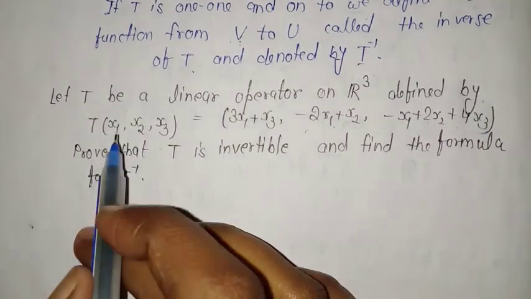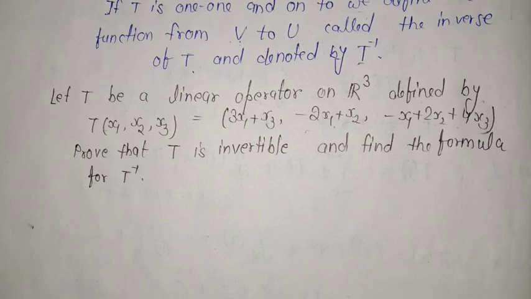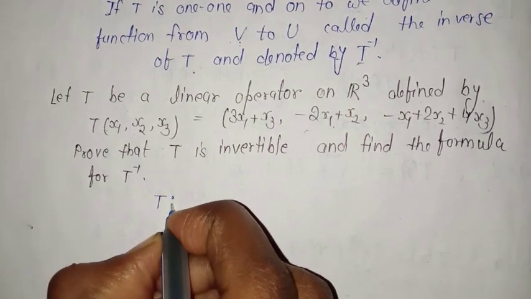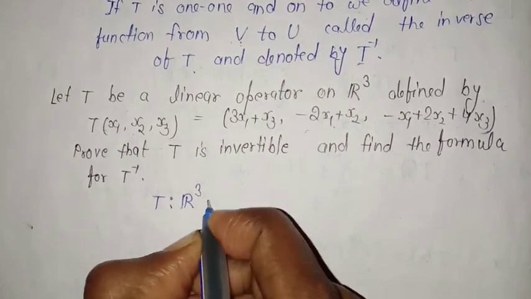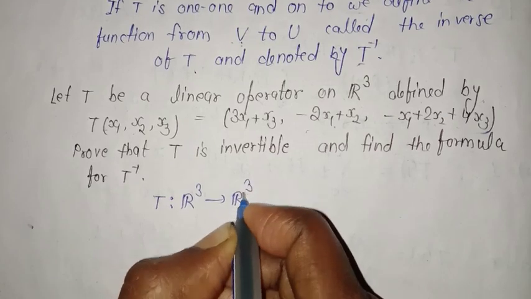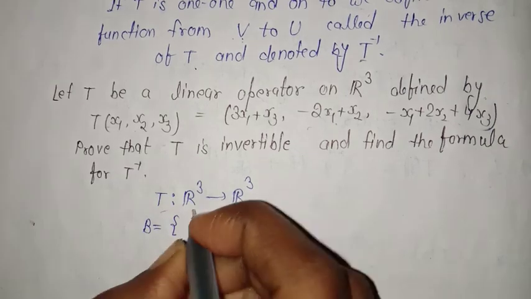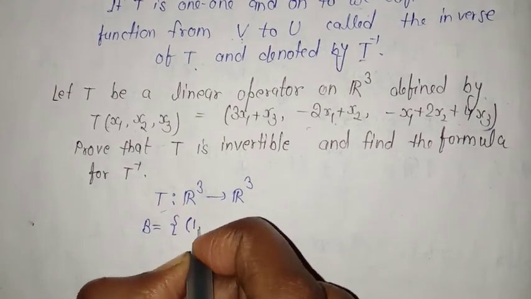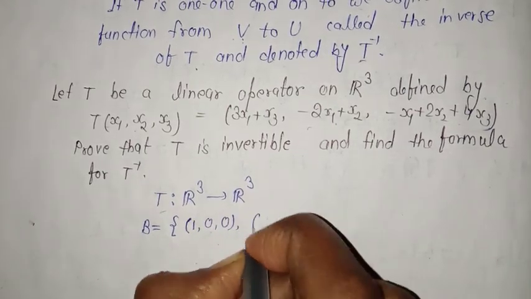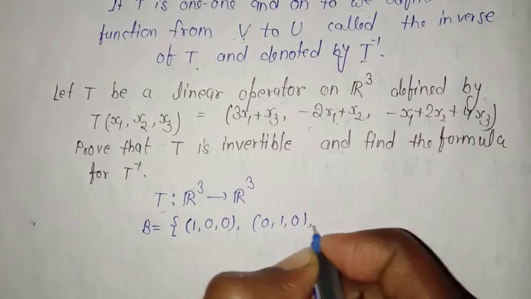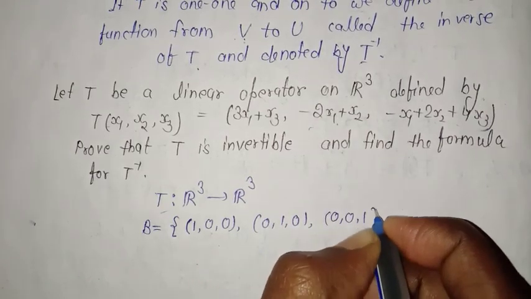So firstly we will try to find the transformation matrix. The transformation is given from R cube into R cube. Since it is R cube, we take the standard basis, because a basis is not given in the question, that is (1,0,0), (0,1,0), (0,0,1).